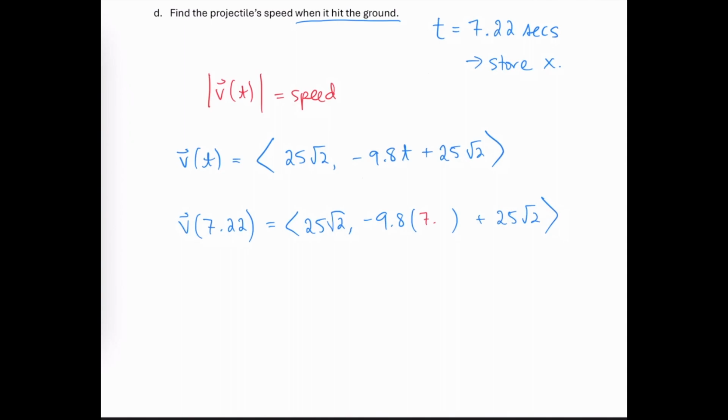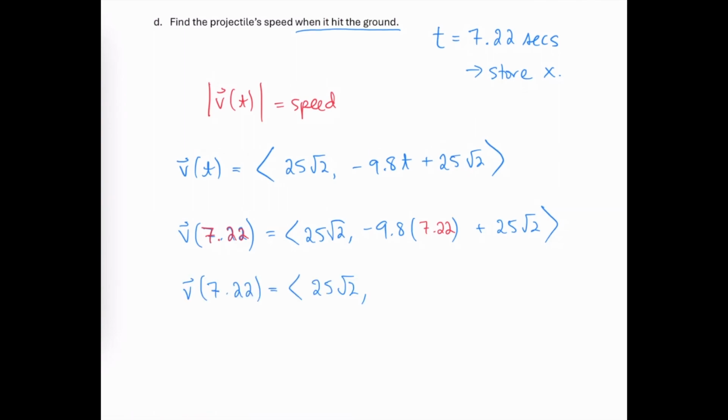And again, in for t, we're going to plug in this 7.22 time value. Now, let's evaluate. Negative 9.8 times 7.22 plus 25√2 turns out to be negative 35.36 when we round correctly.